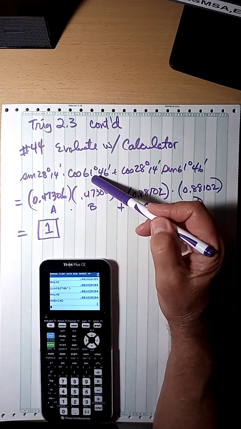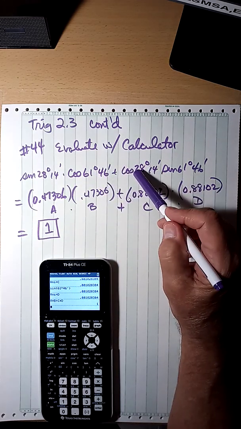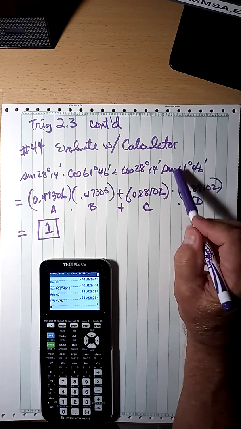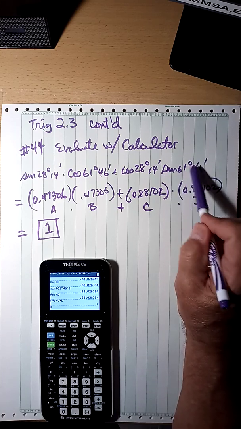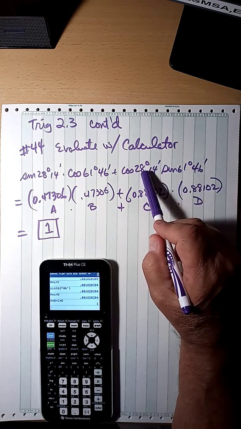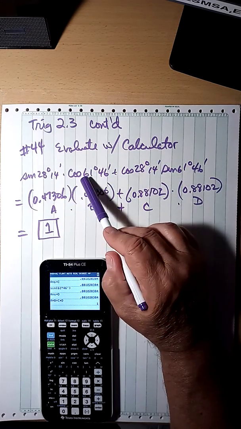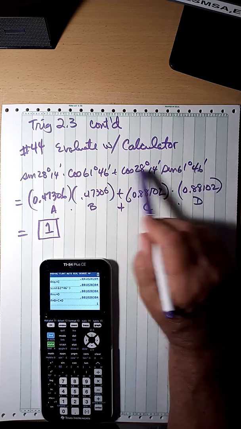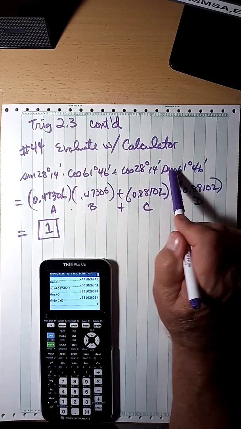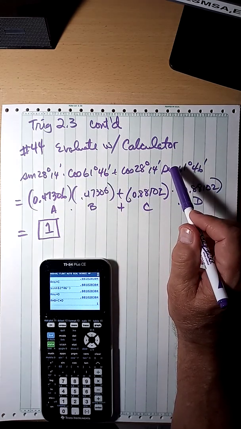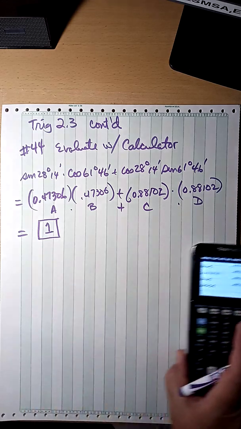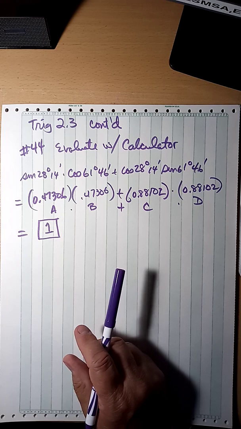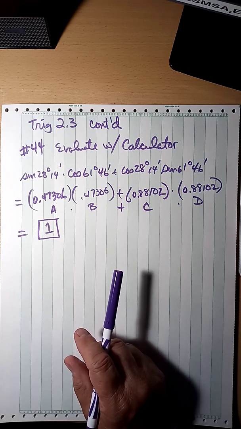So this is sine squared. And the sine of 61°46' is the same as the cosine of its complement, which I'm pretty sure is 28°14'. So this is sine squared, this is cosine squared. We have an identity that says, I don't care what angle you put in, just so they're both the same, you get 1. My gosh, we could have done that in our heads. Shoot. But we used our calculator because we needed 4 steps.